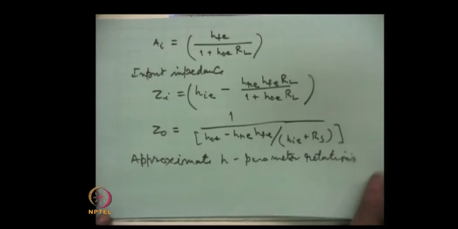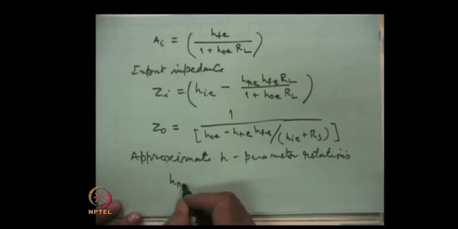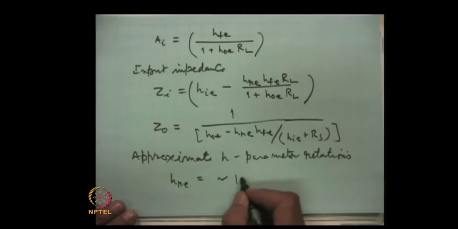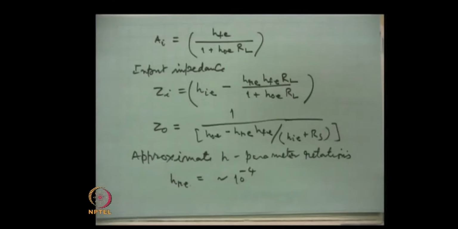The first parameter which can be dropped without bringing much inaccuracy to our results is the HRE, reverse voltage transfer ratio. This is having a very small value. If you look at the rough magnitude estimates which I gave in the table in the beginning, then this is approximately 10 to the power minus 4, very small.